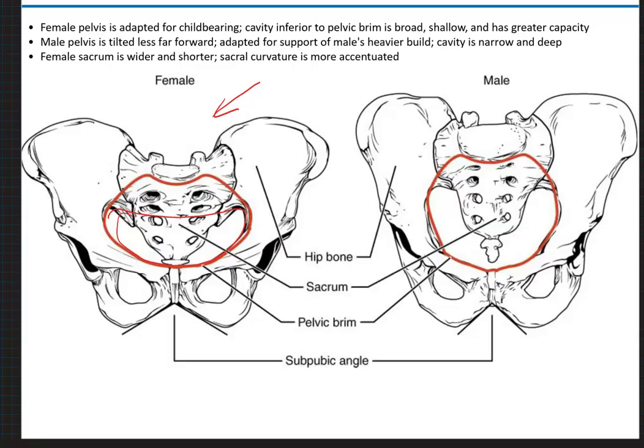Male pelvis is more forward tilted. And basically that being sort of narrower and more tilted forward, it's better suited to carry usually heavier male body.